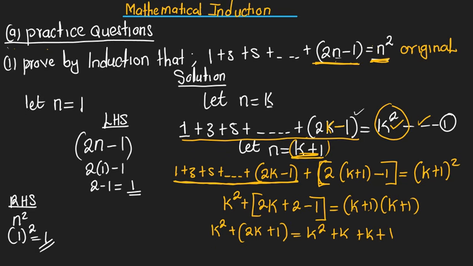So you're going to discover that you're going to have k power 2 plus 2k plus 1 equal to, then this side you're going to have 2k to the power 2 plus k is going to be 2k, then plus 1. You discover that right hand side and left hand side are the same. Therefore, conclusion, you can say, since the left hand side is equal to right hand side, the math statement is actually correct.